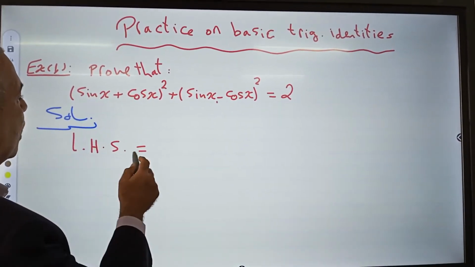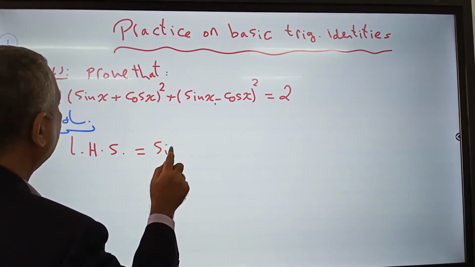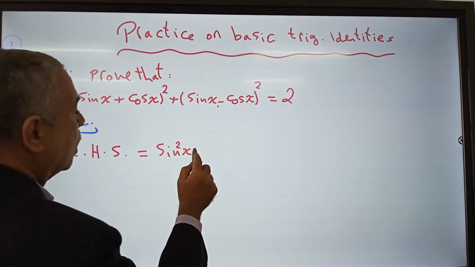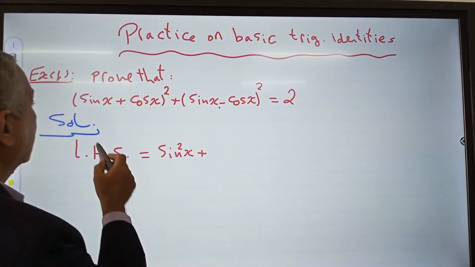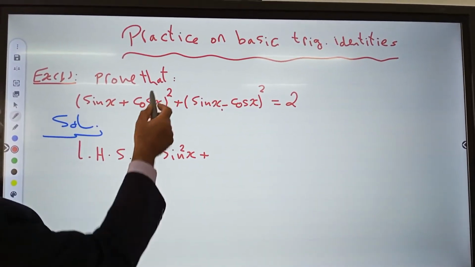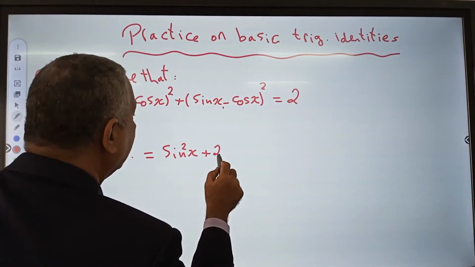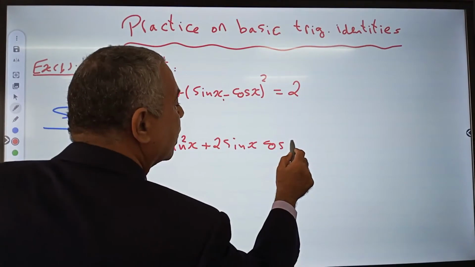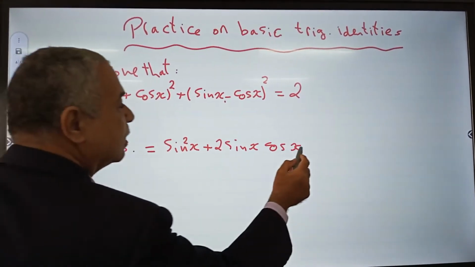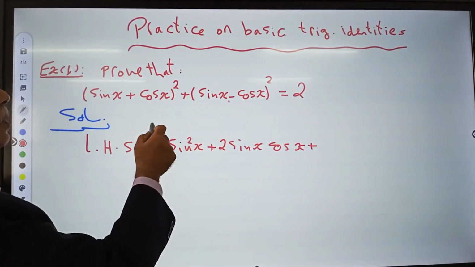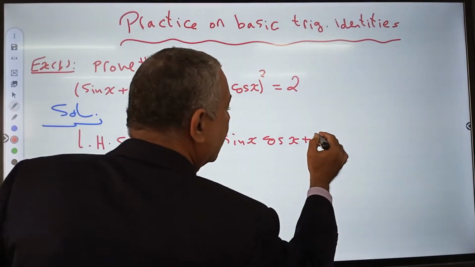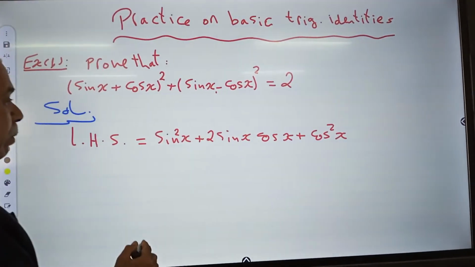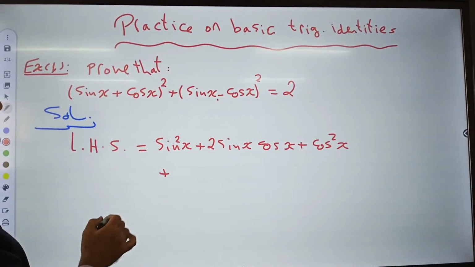Take the first times itself, it will be sin²x. Take the same sign. The first times the second times 2, it will be 2 sin x cos x. Then the second term times itself, it will be cos²x.